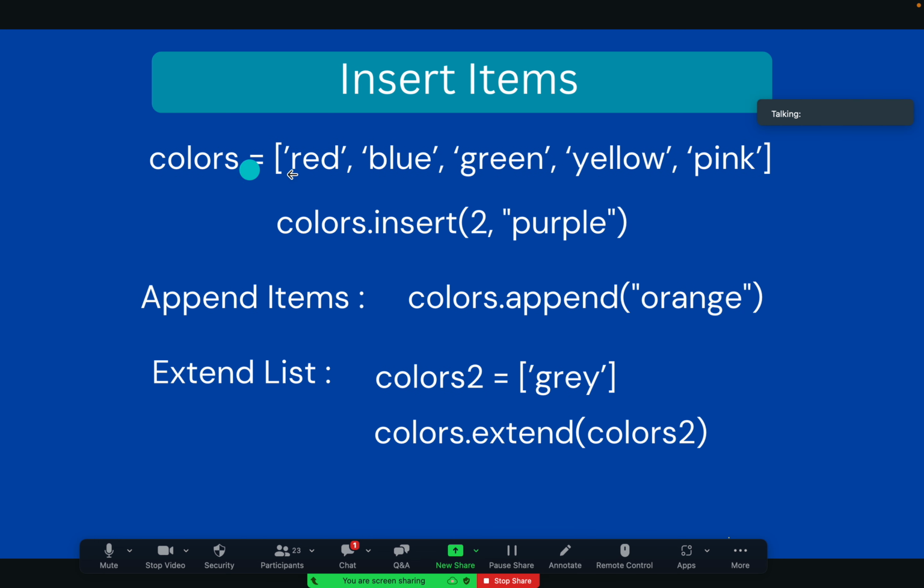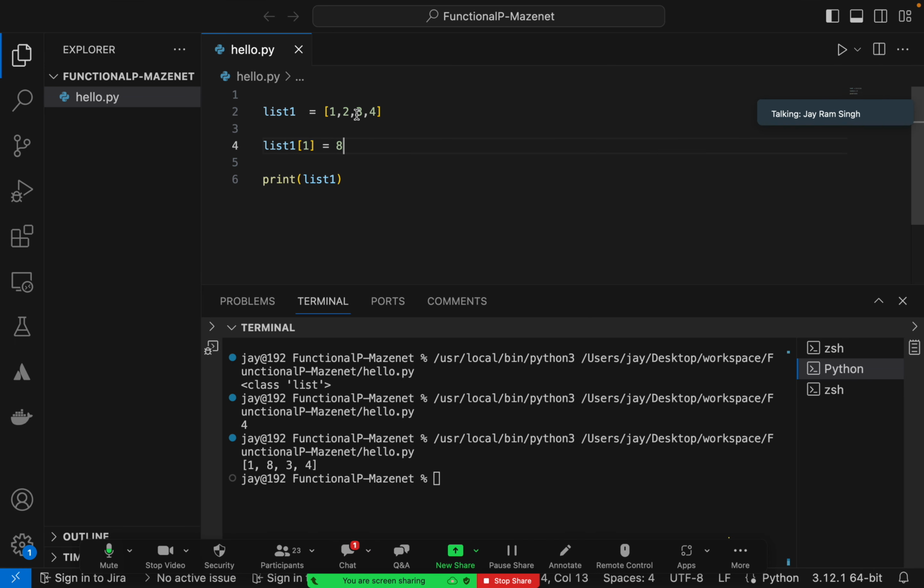Insert. There is already a list and I want to add another item at a particular position. Say that position is 2. So this is 0, 1, 2. At 2, purple will go and green, yellow, pink will move to the right. Clear? So see another example.